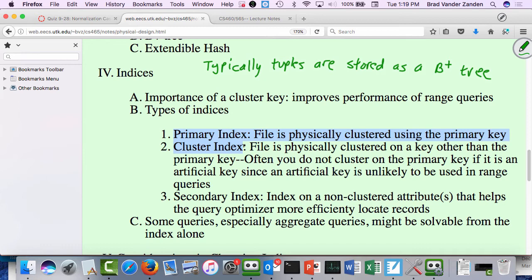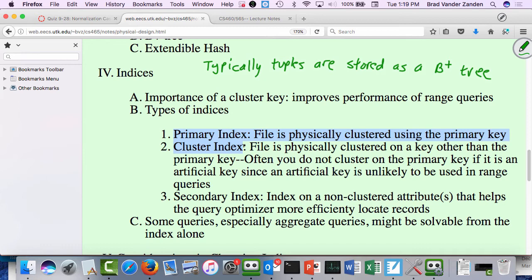It turns out it's pretty rare to cluster on the primary key, because the primary key is an artificial key. How often are we going to be asking for a range of artificial keys? Almost never. So paradoxically, most files are not actually ordered on their primary key.